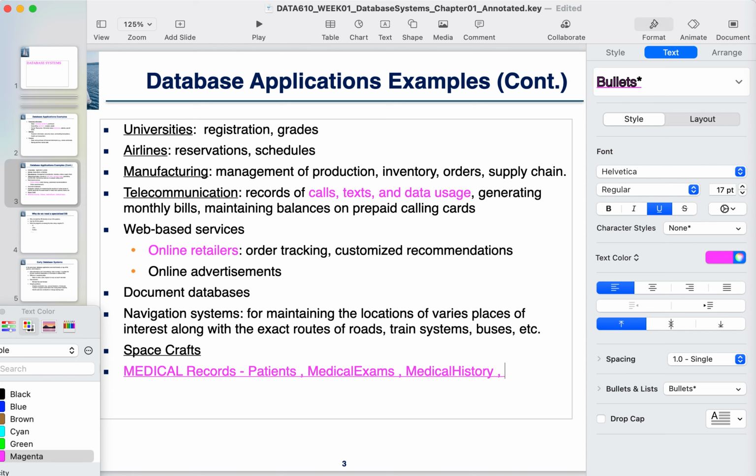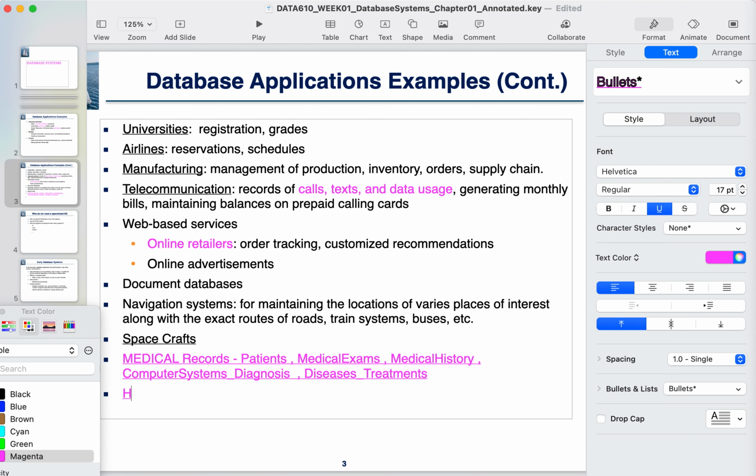Then doctors would sometimes use computer systems for placing diagnosis. So a database of diseases and their treatments. Alright. Then we also have the human genome database that talks about human genes.